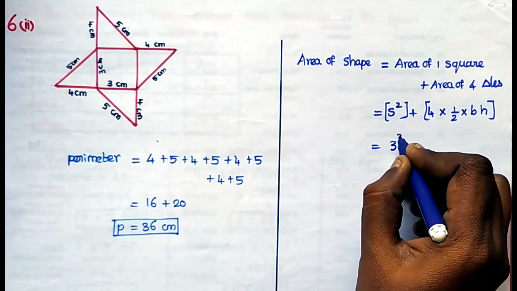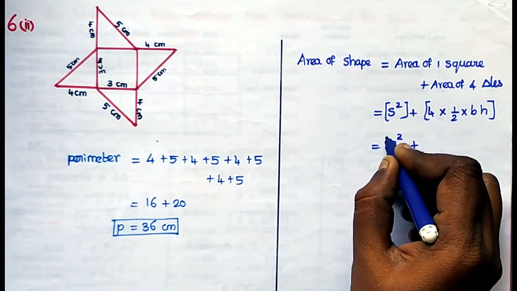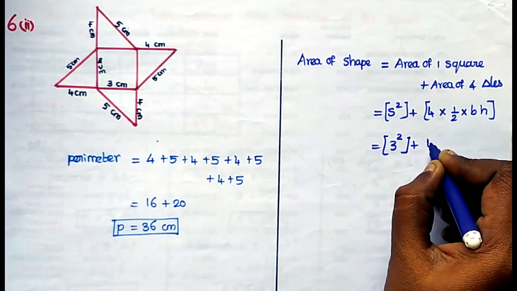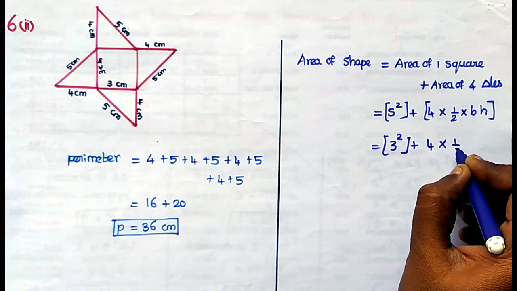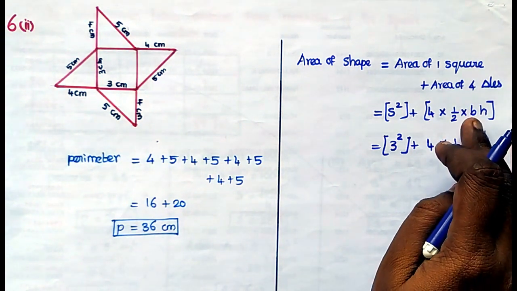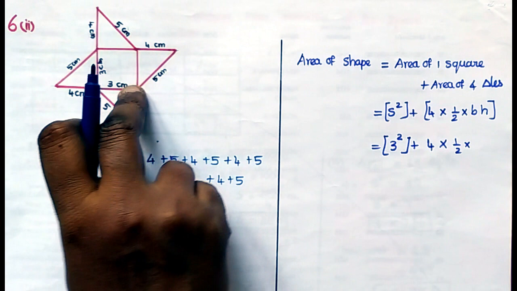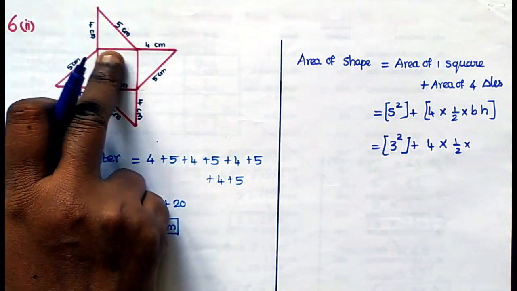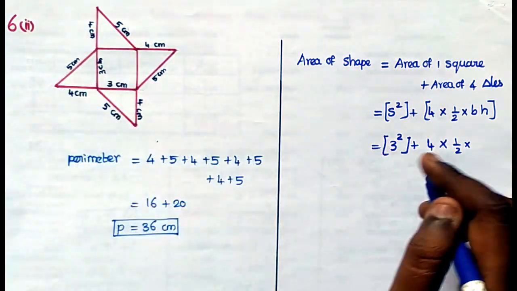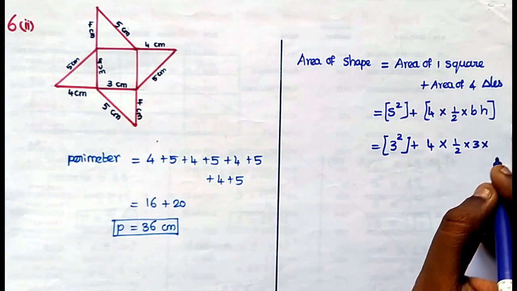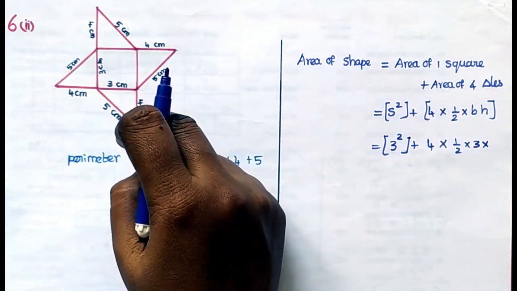So 3 square plus 4 into 1 by 2 into B. What is B? Base, that is 3. In every triangle 3 is the base. So 3 into, which one is the height? That is 4.